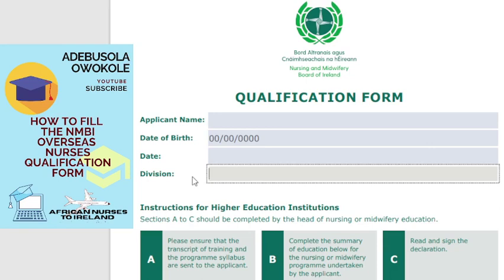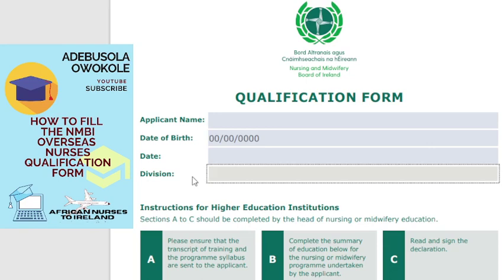In that case, you only need one transcript of training, one syllabus, and one qualification form, because all of them is going to be filled in the same school, and it's the same program at different times. You did your RM, you just sat for the licensing exam, so you did everything together. So you only need one at a time.